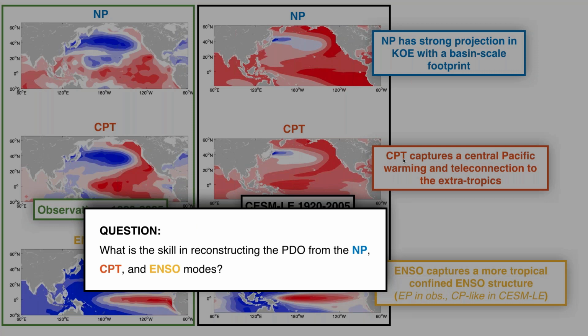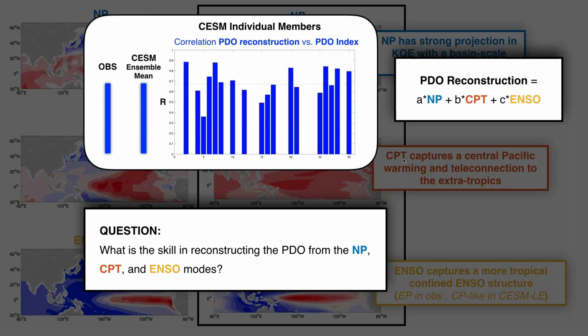And then the question, what is the skill in reconstructing the PDO from these three modes in the model? Using this approach, we got this for individual models. This blue bar is for individual models, for the correlation coefficient between the PDO reconstruction and the PDO index, and we calculate the ensemble mean, which is comparable to the observations.